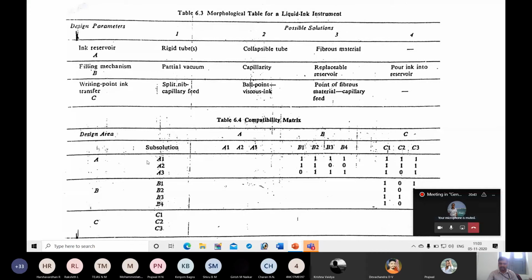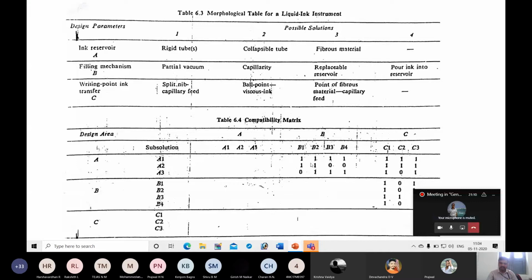Next, you have to check compatibility of A and B. The reason is we are going to choose one from A and one from B. That's why we have to check compatibility of A with B. Based on the experience and knowledge of the designer of the product called pen, he has written this compatibility matrix.